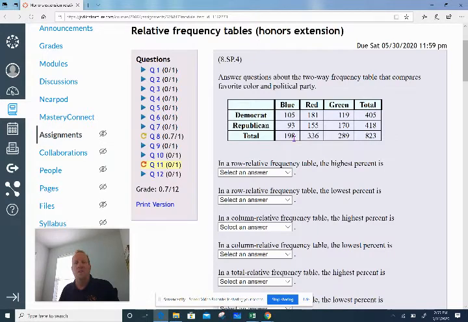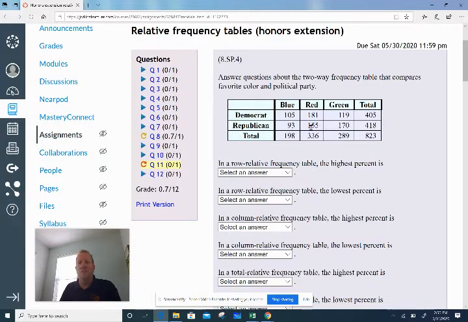Let's do another one. In a row relative frequency, so that's these two, the highest percentage is, so 181, that's the most out of 405. So let's see, 181 divided by 405 is 44.4%.